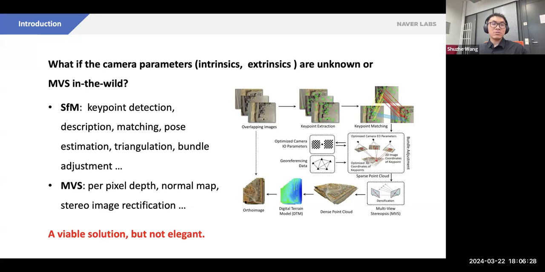Besides that, we also think that the two main components, structure from motion and multi-view stereo, may miss communication between each other. Structure from motion, the sparse reconstruction, could definitely help with the dense reconstruction, but inversely, we didn't find any way to use the dense information to help with the pose estimation or the sparse points reconstruction.